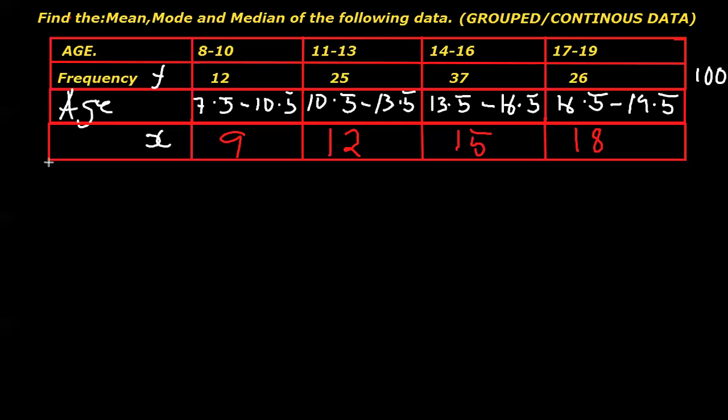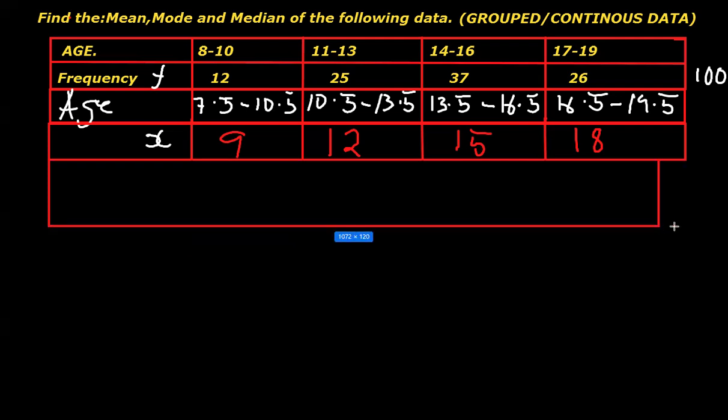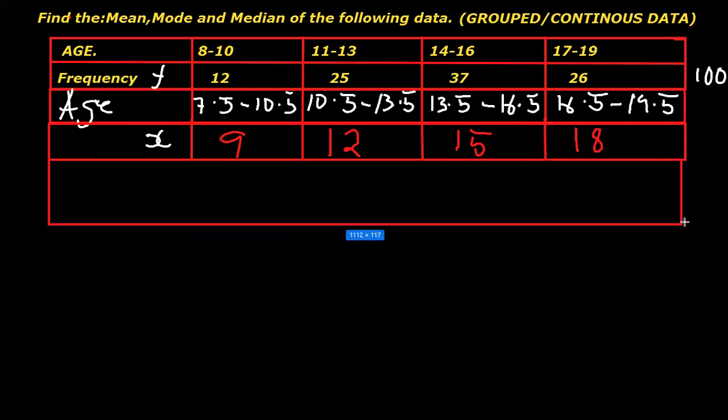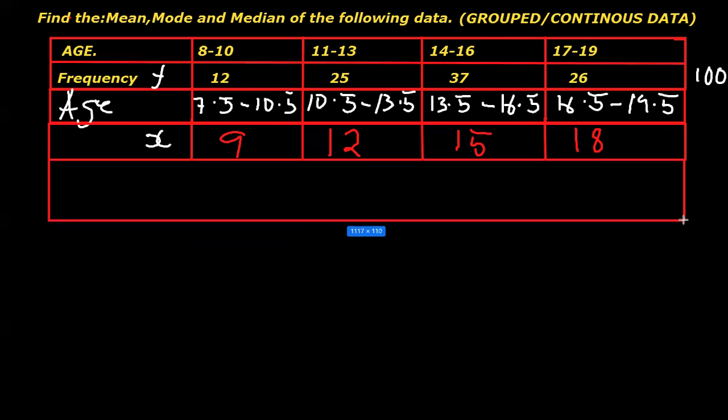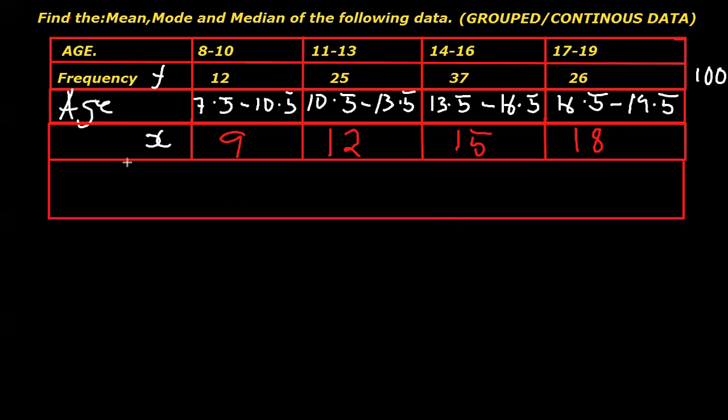So now everything is finally done. So there it is. Then we divide this into 2. Because I also need cumulative frequency.